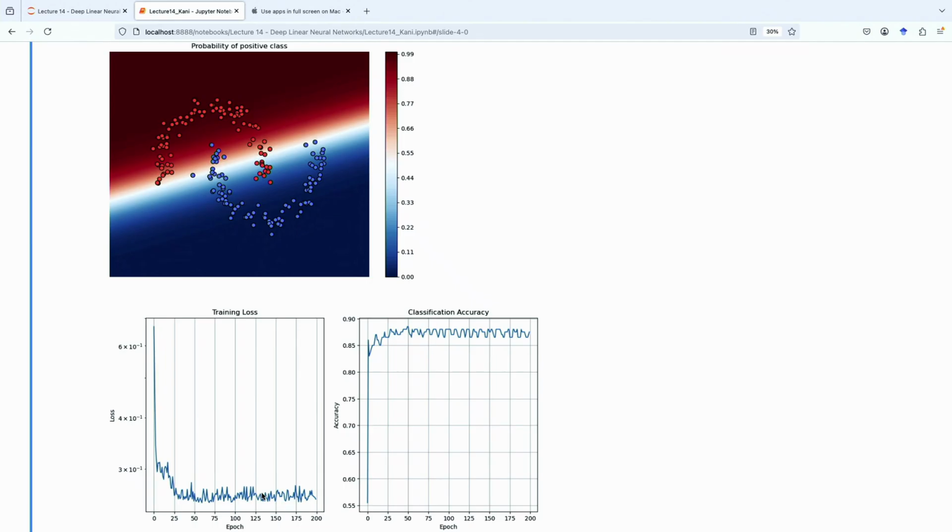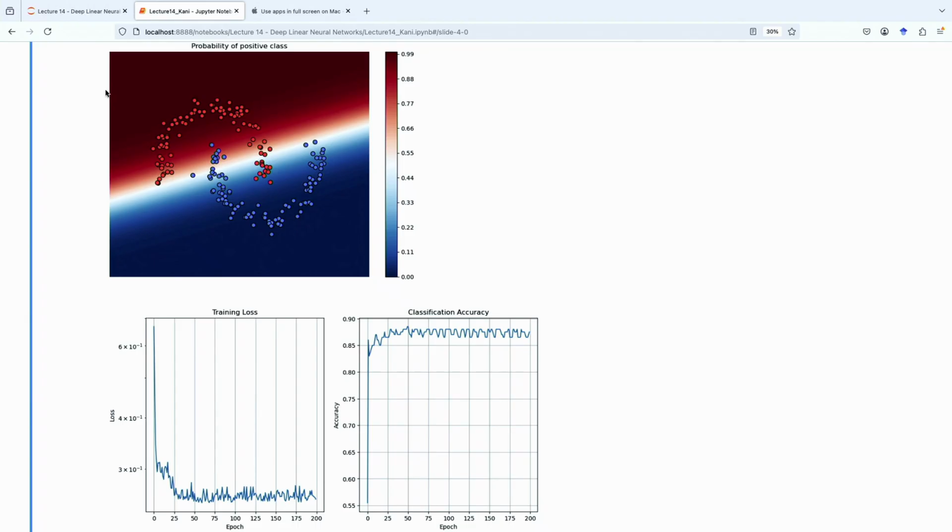The classification accuracy pretty much peters out around 87-ish percent, which makes sense because the best this line can do is classify these points correctly and those points correctly, but there are some points right at the ends that it can't manage to classify correctly.